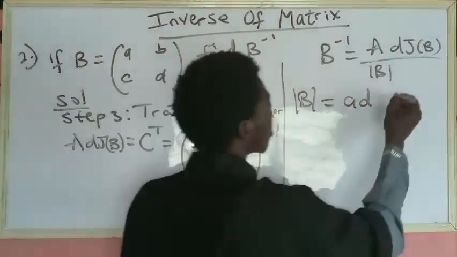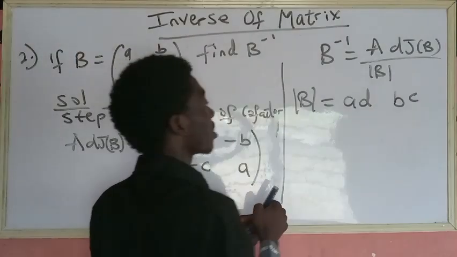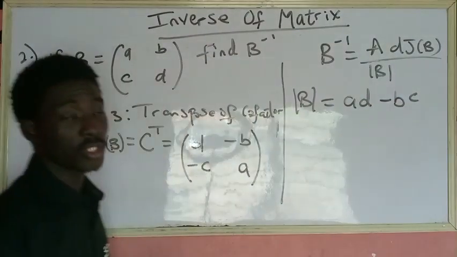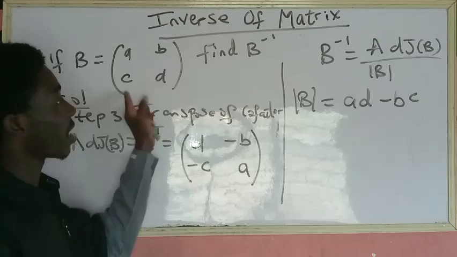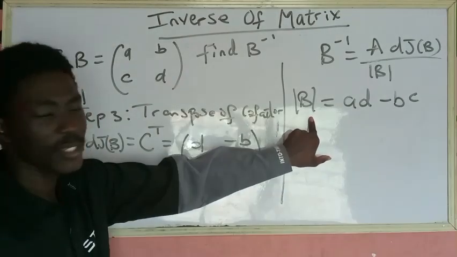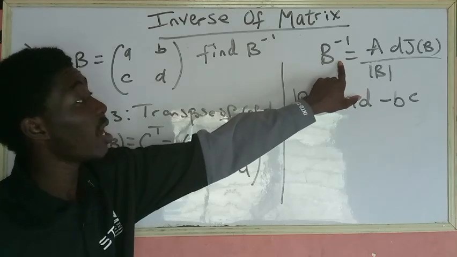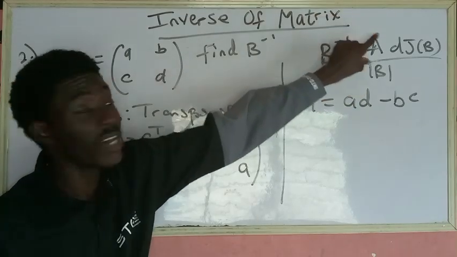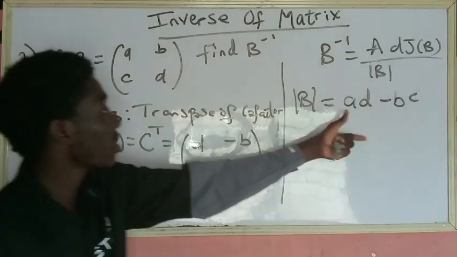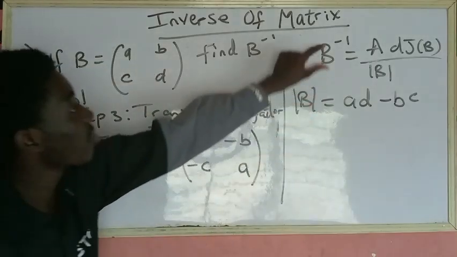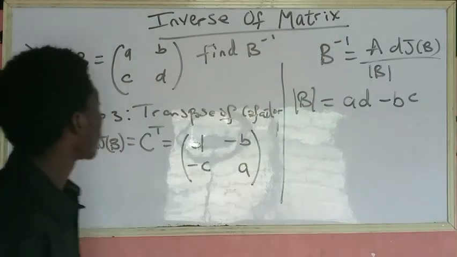B times C, you have BC. And you subtract it. So you subtract A times D minus B times C. So that will be the magnitude of the determinant of B. And this is the formula for the inverse of matrix B. Therefore, we know the formula for the inverse of a 2 by 2 matrix.